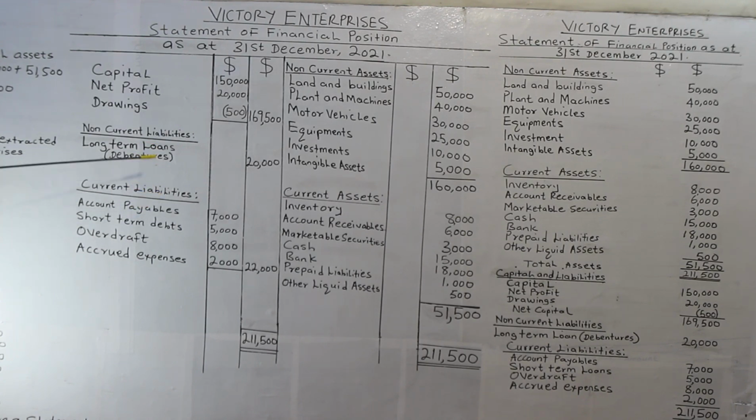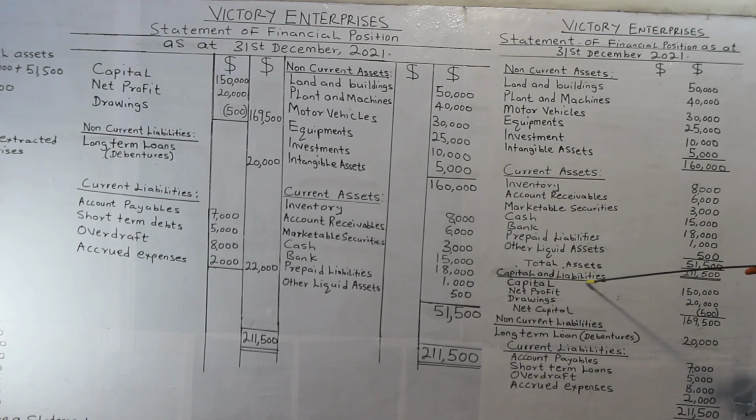So you discover that the capital, non-current liabilities, and current liabilities will be shown under the total assets as the items that finance the business. So we now have capital and liabilities shown under. It is through capital and liabilities that this business was financed.